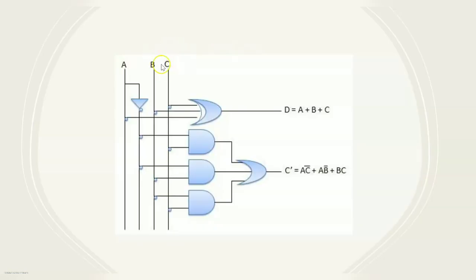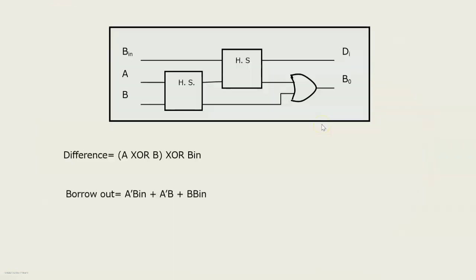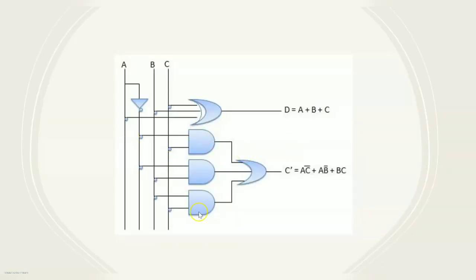I have used C here. The variable name I have used is C in place of B in. You have to think of this C as borrow in. Okay. So A XOR B XOR borrow in. This is the expression, same expression we are using here. And this is the realization for the borrow out. Okay.